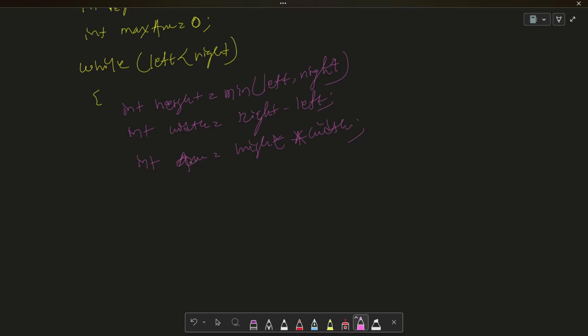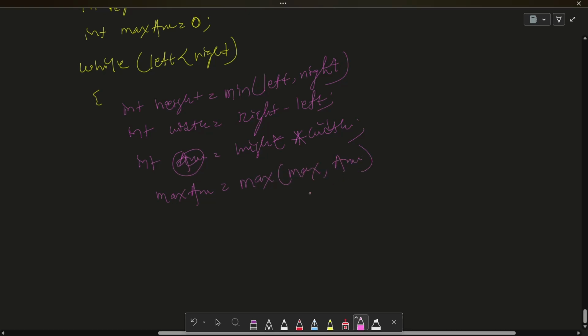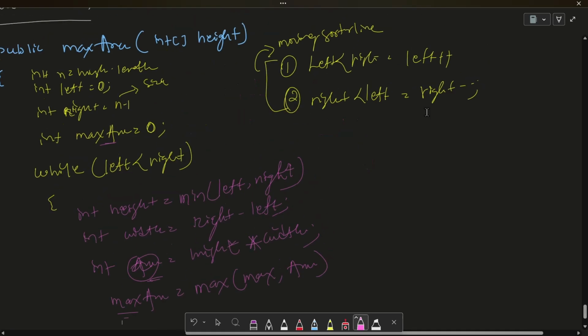And we are going to compare this area with our maximum value and we will update the maximum value. So maximum area will become maximum of maximum and area. What will be the maximum between the current maximum and the area, that is going to update here.